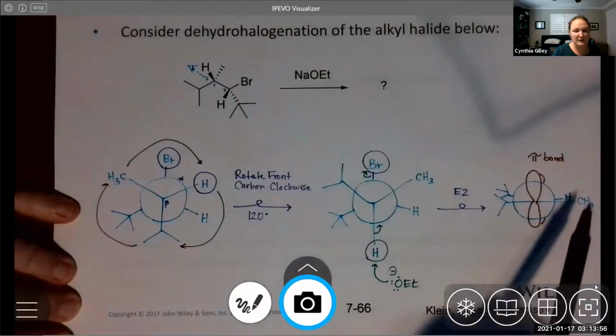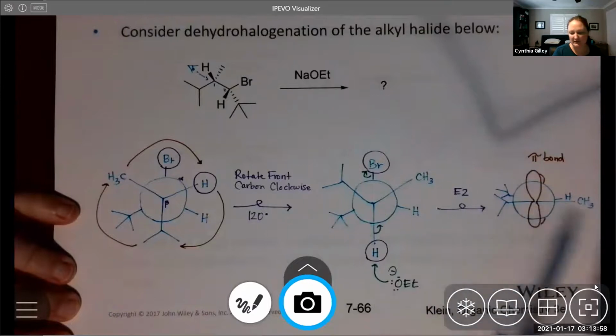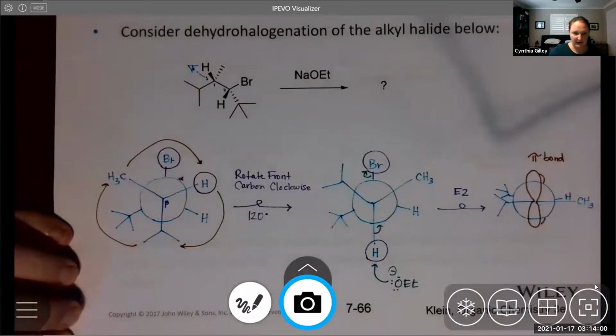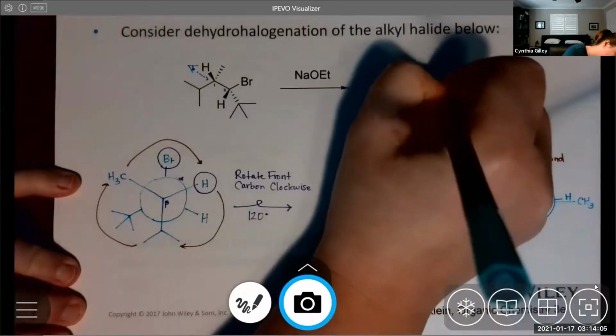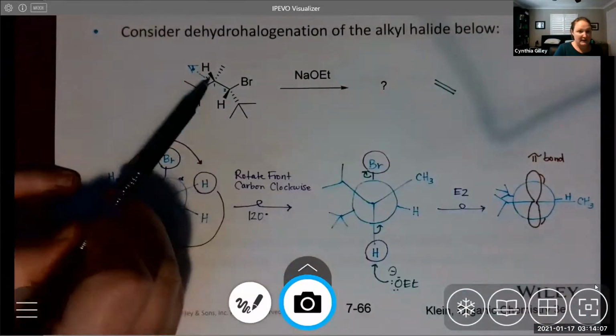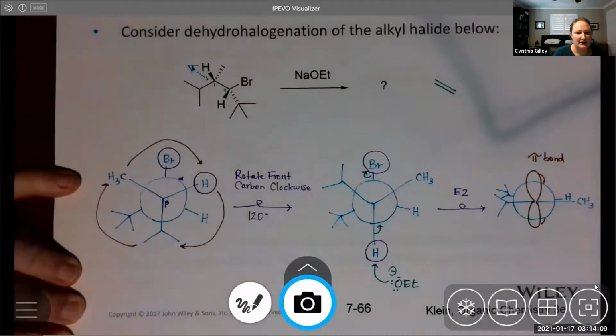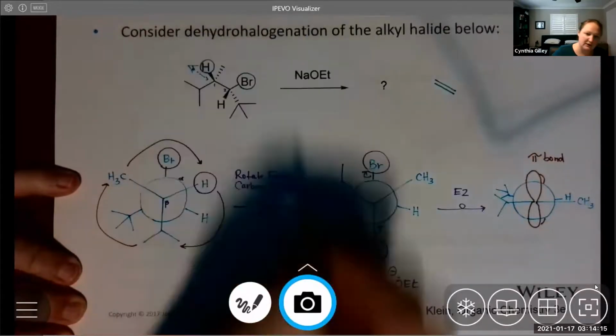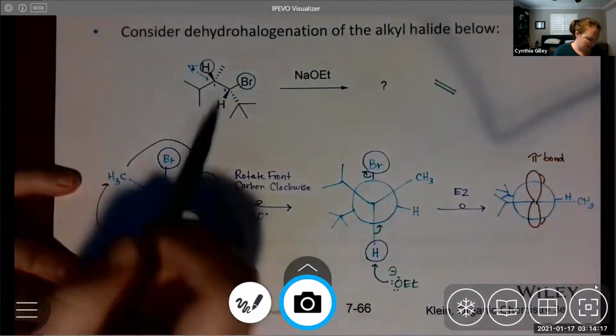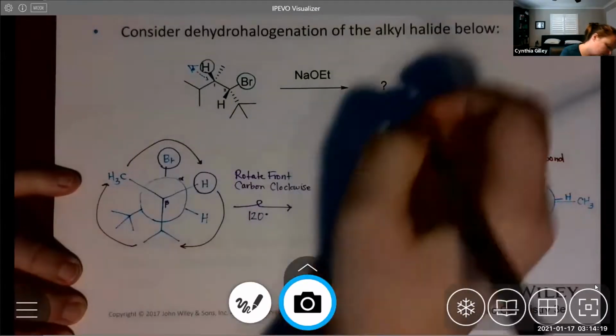So this now shows how I should draw my product. So I have the double bond, and I like to sometimes just draw the double bond in the same place where the single bond was, because that's where it's going to form between carbon 1 and 2. I have lost the hydrogen, I have lost the bromine, so those are gone. But I still have a methyl and an isopropyl.